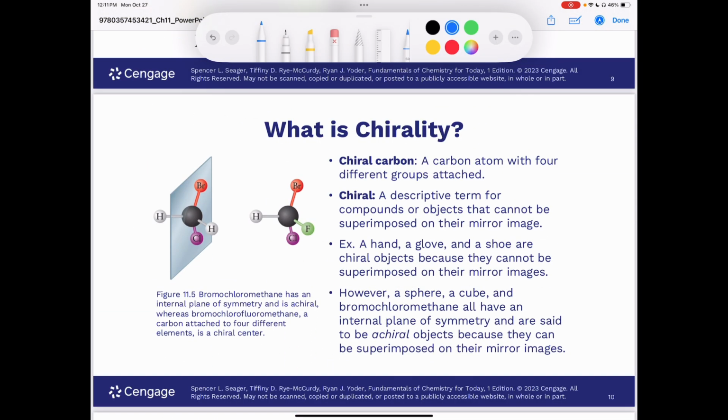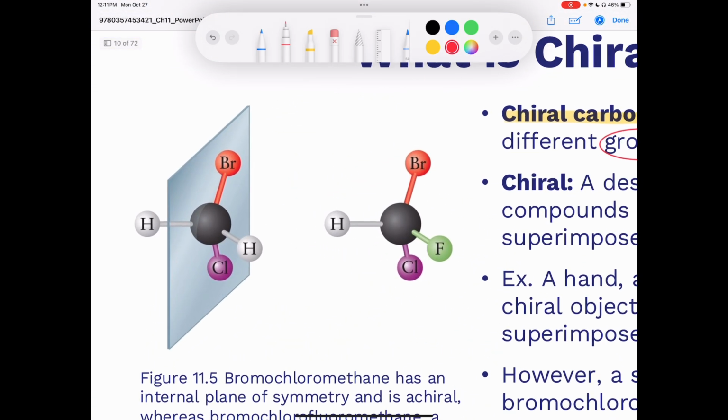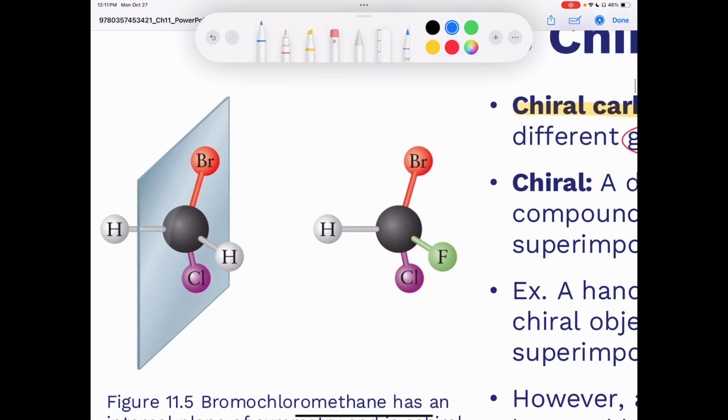You might have heard this word chirality or chiral. A chiral carbon is a carbon atom that has four different groups attached. It doesn't have to be four different atoms, it just has to be four different groups. Take a look at this molecule, bromochlorofluoromethane.